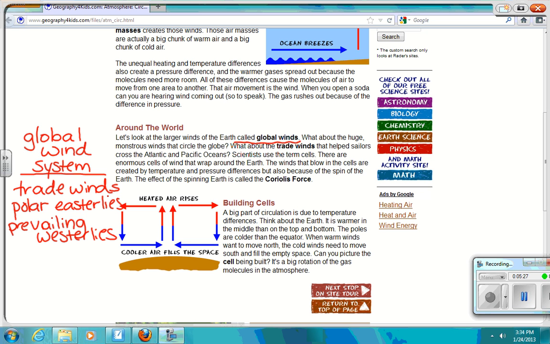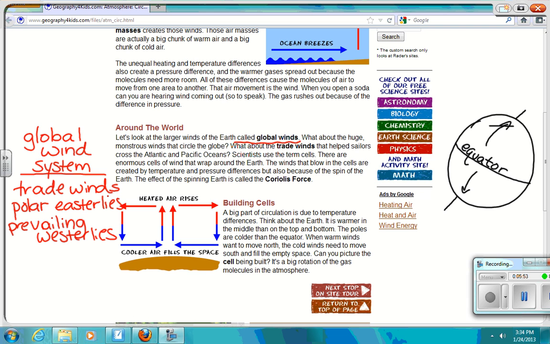Now, we have the planet Earth, okay? Planet Earth, and it's on an axis. Here's our equator. Now, wind is going to be blowing around the Earth. Wind does not blow straight north and south.